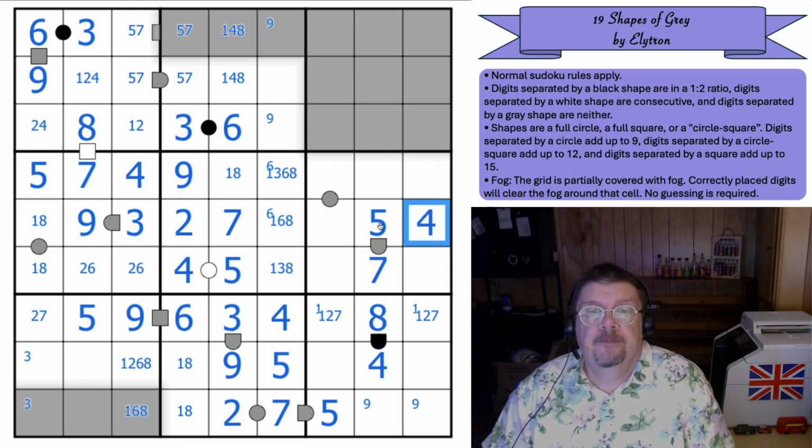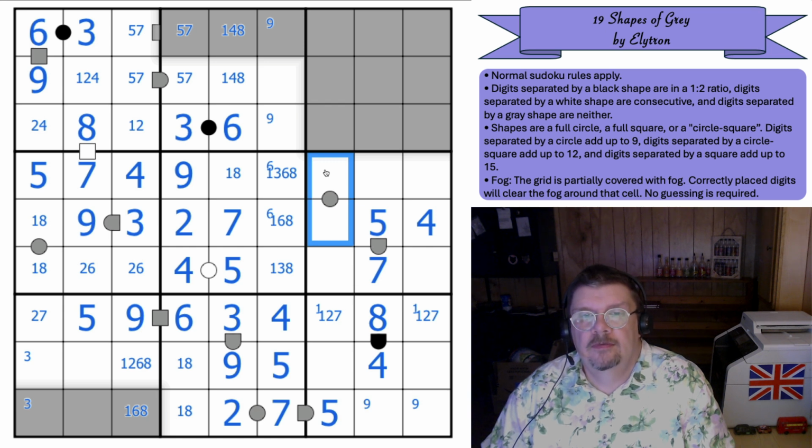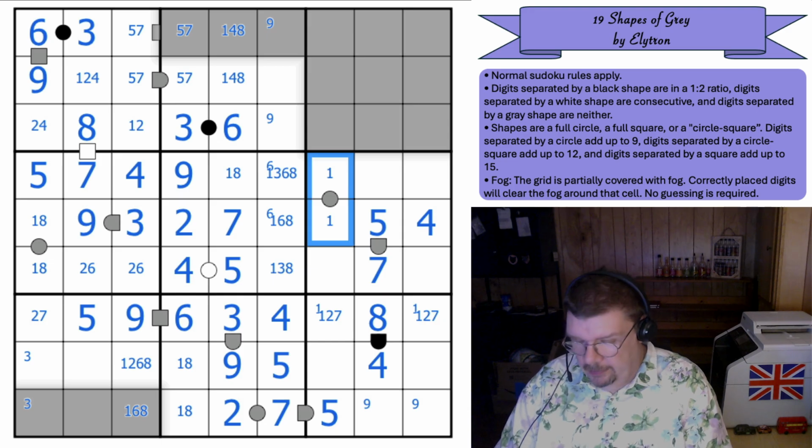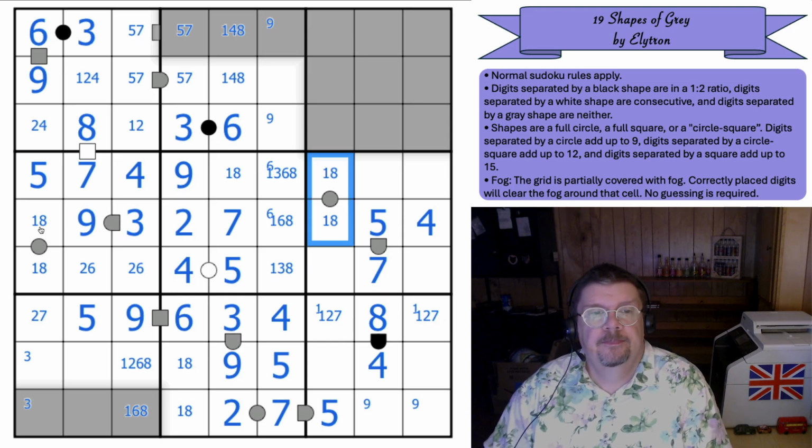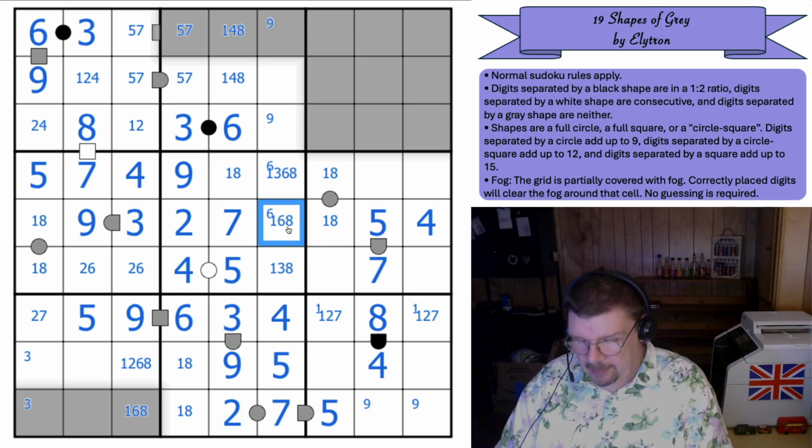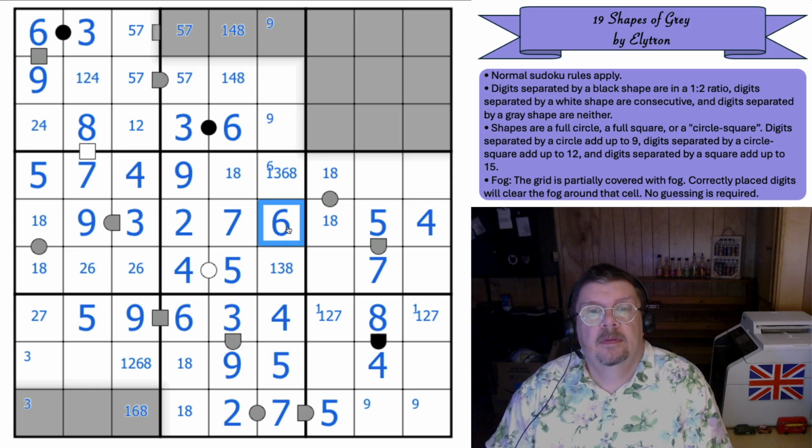That's a 4. It can't be 3, 6 because that's in a 1 to 2 ratio. It can't be 2, 7 because of that 7, so it must be a 1, 8. I don't yet know the order, but that 1, 8 pair makes that a 6.